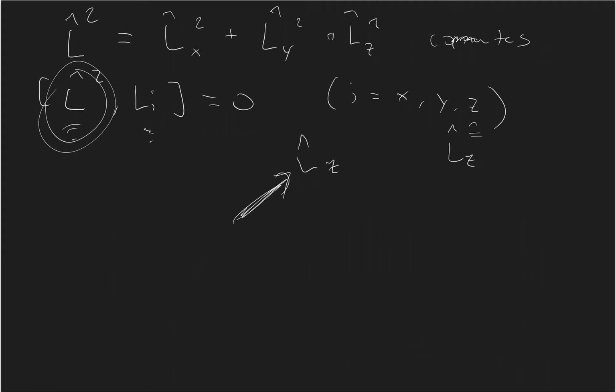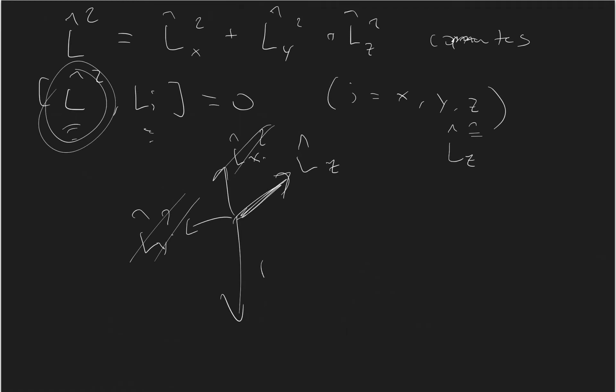Nature will allow us to know one component and the magnitude, wherever the other ones are pointing. L hat x and L hat y are going to be completely unknown, or their uncertainty is infinity.